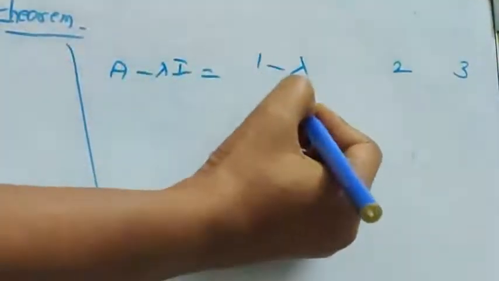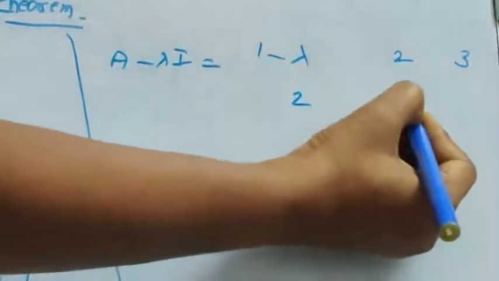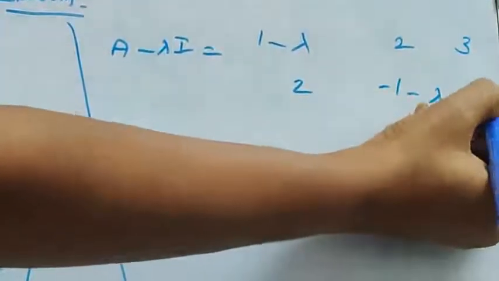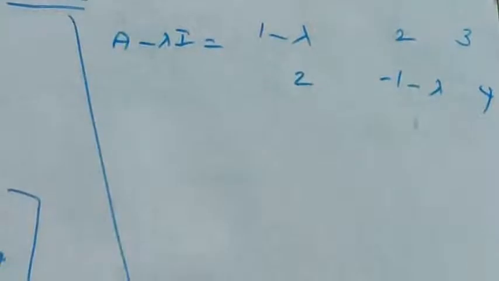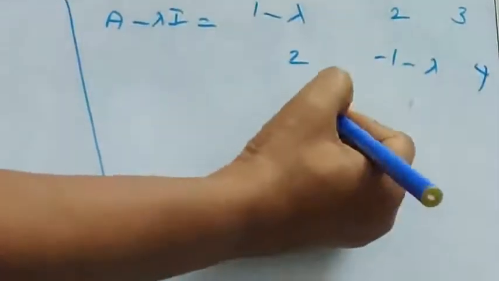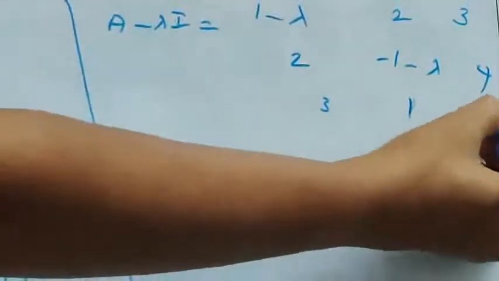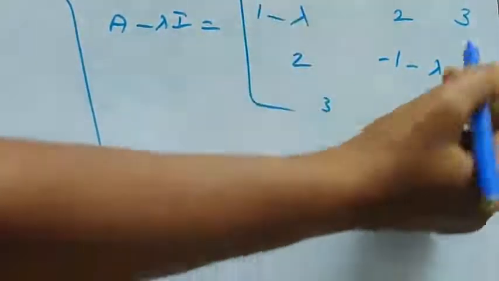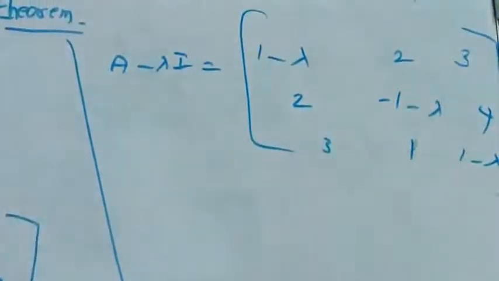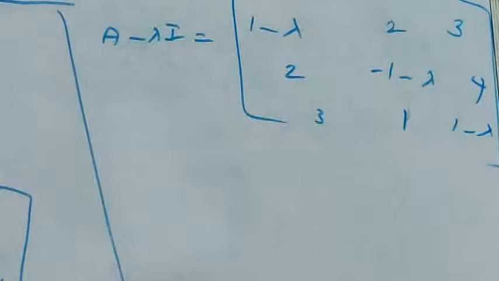Next, 2, minus 1 minus lambda, 4. Next, 3, 1, 1 minus lambda. So these are the elements after subtracting matrix 2 from matrix 1.